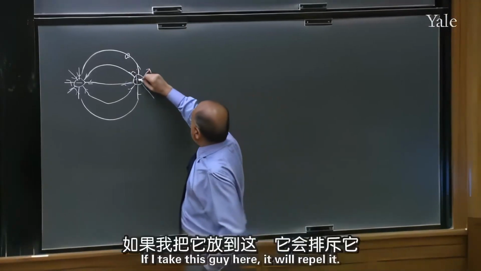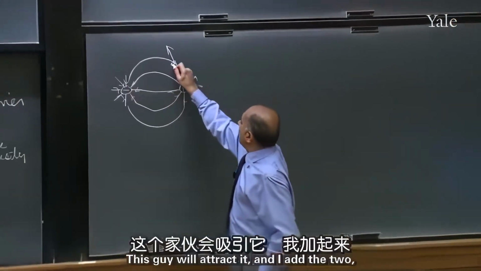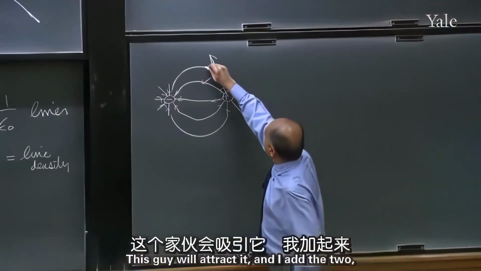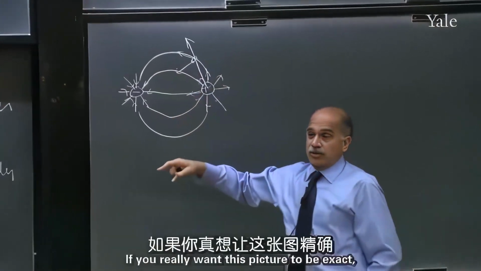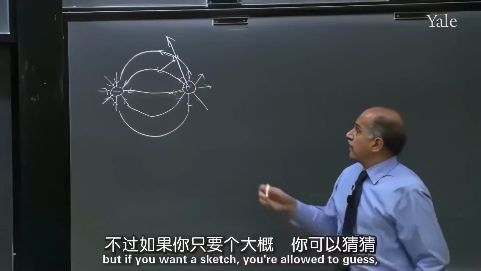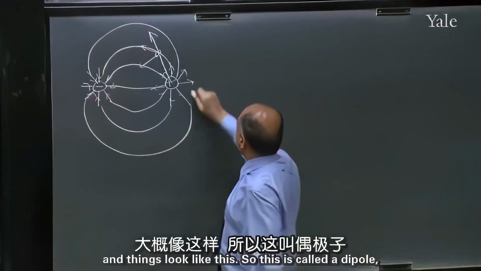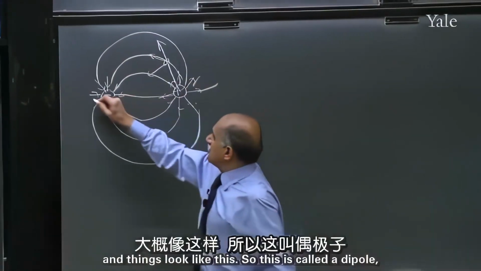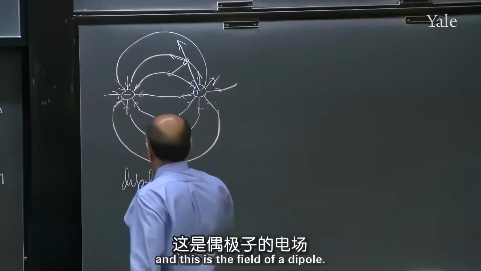If I take this guy here, it will repel it. This guy will attract it, and I add the two and get a line in that direction. So you really have to do a lot of work. If you really want this picture to be exact, you have to compute the vector everywhere. But if you want a sketch, you're allowed to guess, and the things look like this. So this is called a dipole, and this is the field of a dipole.